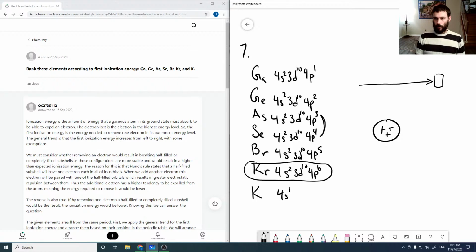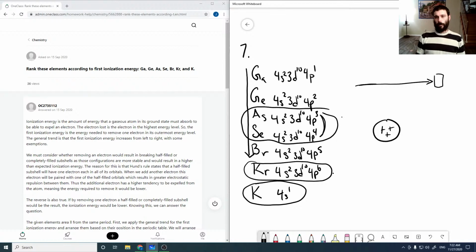So with this idea that it's going to increase across from the right, then we can see that potassium is going to be our lowest, krypton is going to be our highest, and then it should just increase from there, with arsenic and selenium swapping places because arsenic has a bit of stabilization due to the orbital being half filled.